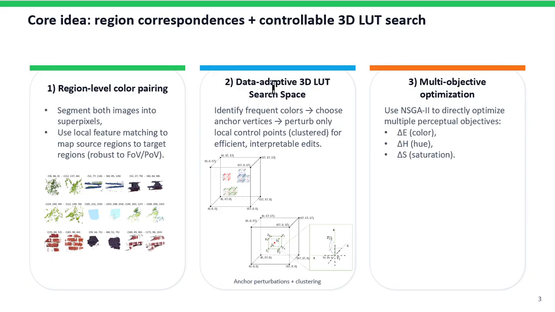And second, we build a data adaptive LUT search space. We find frequent colors, select the anchor vertices around them, and perturb only the local control points so that the LUT edits are efficient, interpretable, and smooth. And finally, we use NSGA and multi-objective optimization to directly optimize multiple perceptual objectives.